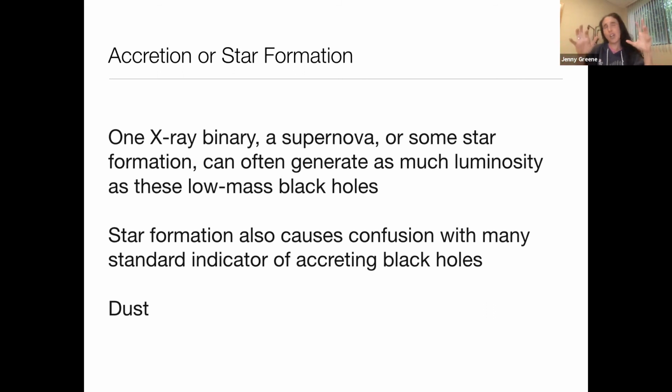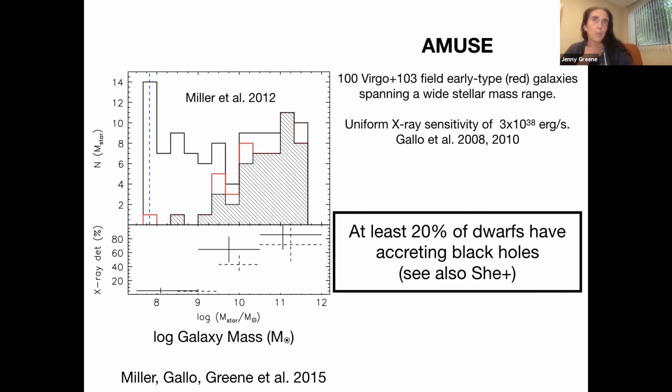So it's very hard to robustly figure out whether you're seeing black hole accretion in this regime. And I think the best, the cleanest work has been done in the X-ray. This is Brendan Miller and Elena Gallo's AMUSE survey.